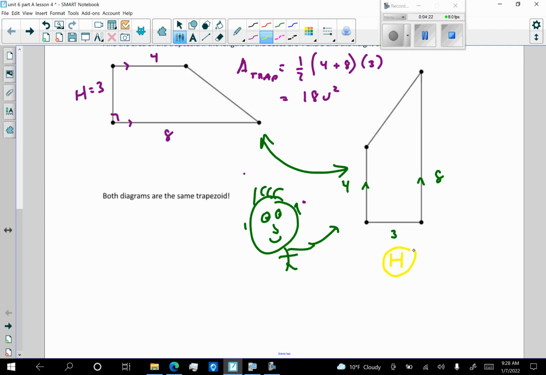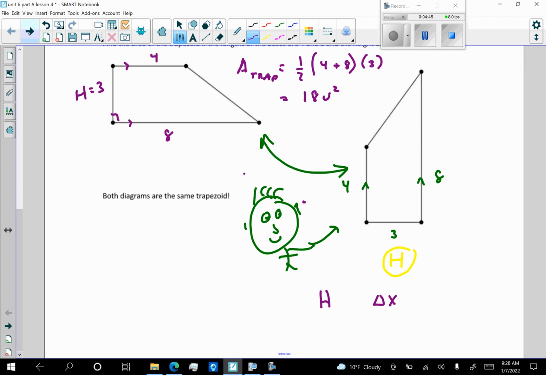So when we use the trapezoid approximation on a definite integral, the height of the trapezoid will be some change in x, because we're going to stand the trapezoids up. This is one of the things that will be confusing about the trapezoidal method.